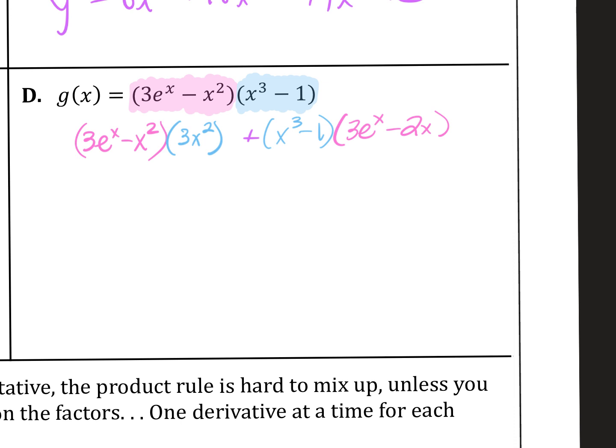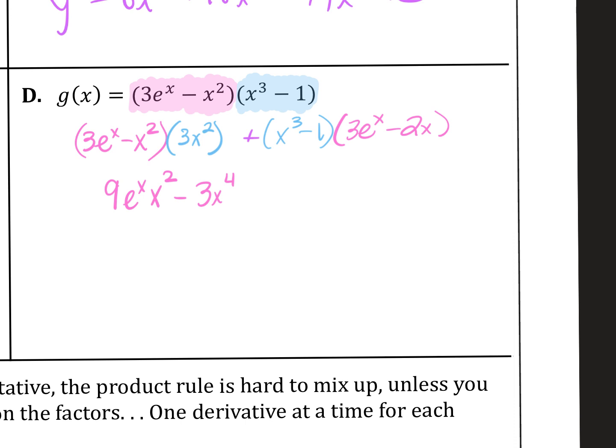Would that just be 9e to the x, x squared? So it would be 9e to the x, x squared, minus 3x to the fourth.